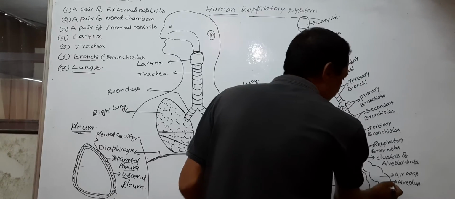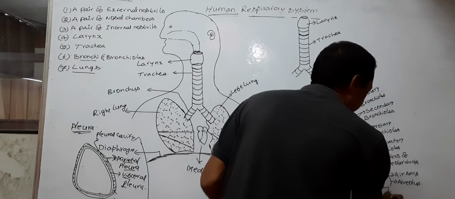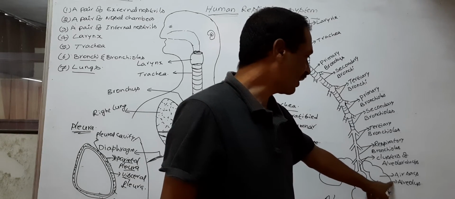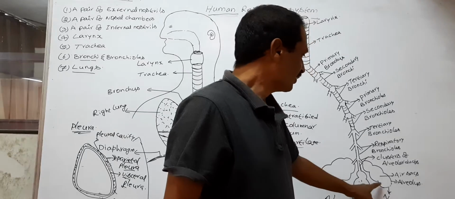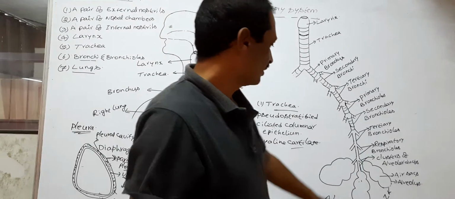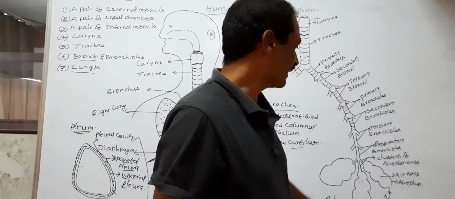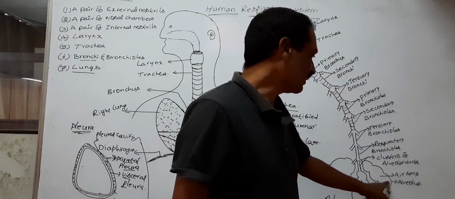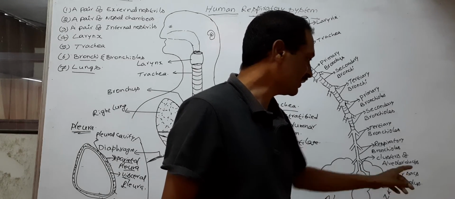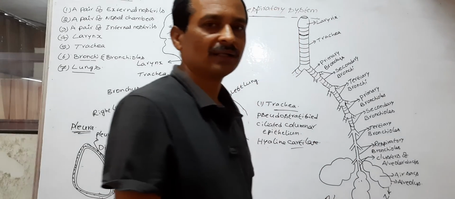The wall of the alveoli contains a network of blood capillaries.